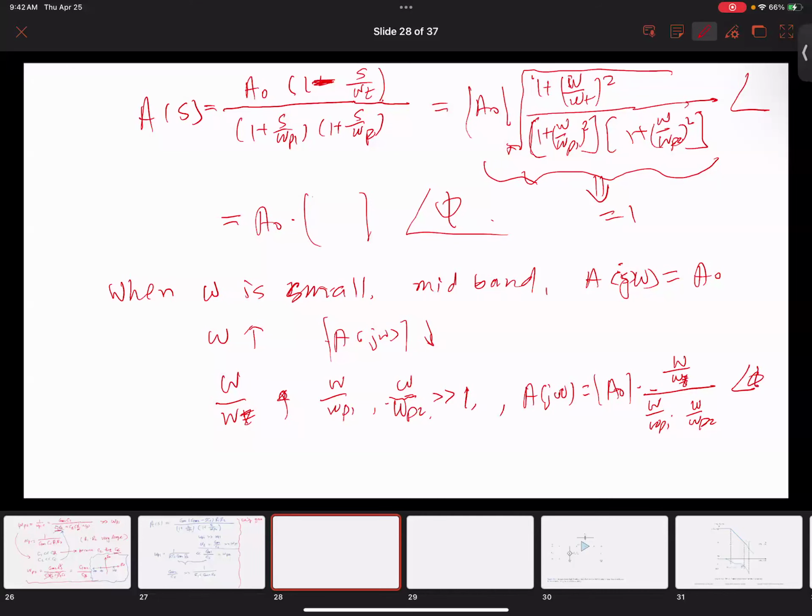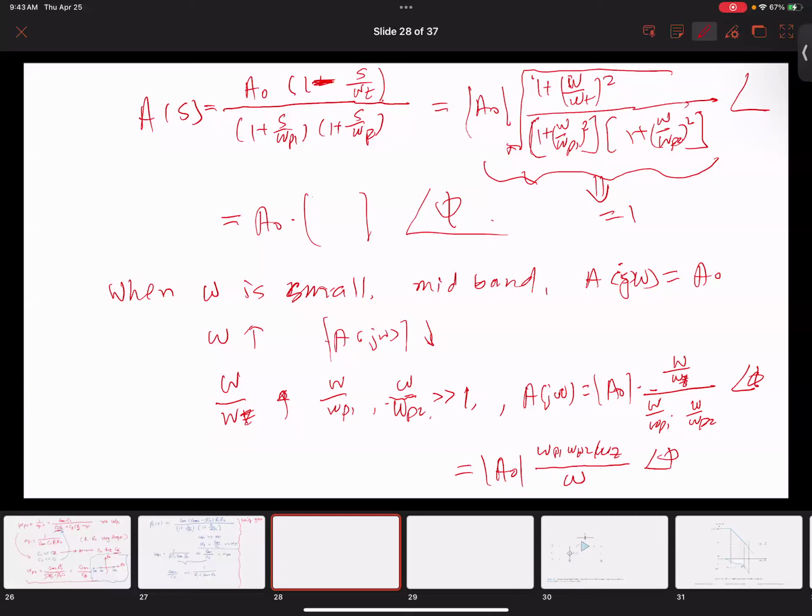One omega is going to cancel, so this equation becomes A0 times WP1 WP2 over WZ divided by omega, and then times phi.